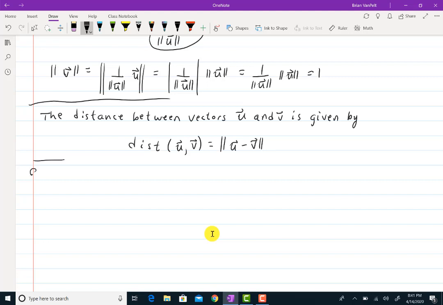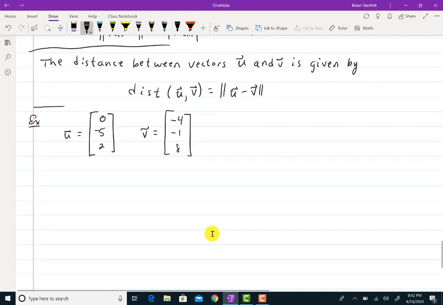So as a quick example, I could let my u equal (0, -5, 2), and my v can equal (-4, -1, 8). Then the distance between the two, that's the norm of u minus v.